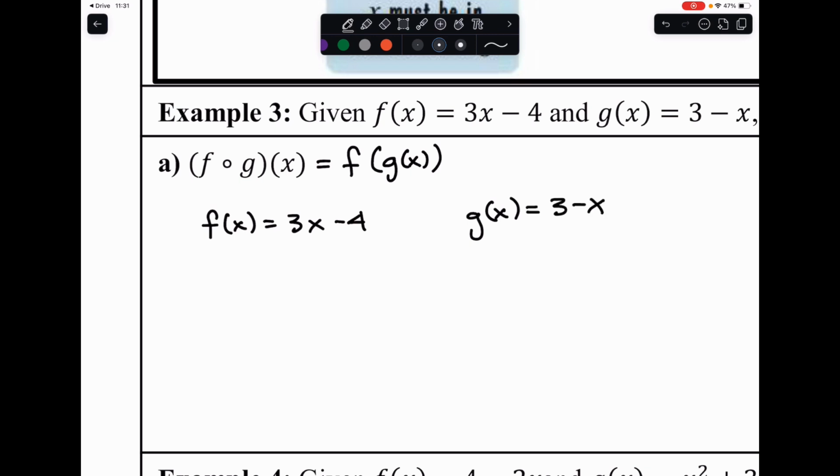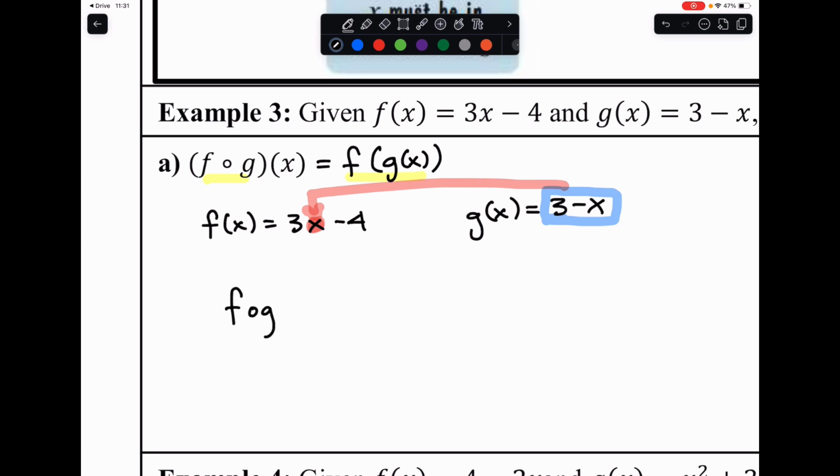And what we're doing, like I said, is because of the order that we have this, we're going to get this function g, which is 3 minus x, and plug it into the x of the function on the left, which is f. So we're going to plug it into that value. So fog, or f of g of x, I like calling it fog because it looks like the word fog.